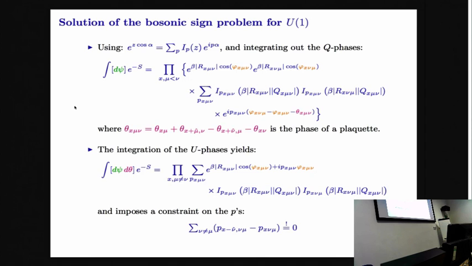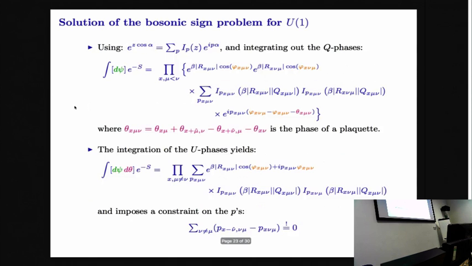These indices that label the modified Bessel functions become plaquette occupation numbers that are our new degrees of freedom. These are constrained by the integration over the link. This just means that the sum over a bouquet of plaquettes around the link must vanish at every link.